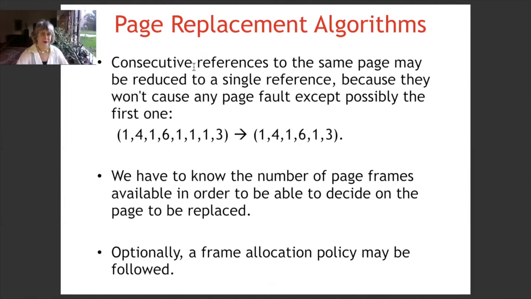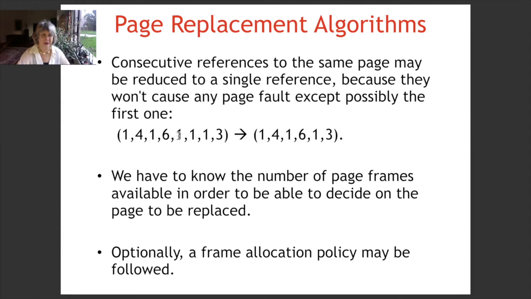Consecutive references to the same page may be reduced to a single reference because they won't cause any page fault, except possibly the first one. So suppose that these pages in the memory are referenced in a program. These are 1, 4, 1, 6, and here 1 is repeated 3 times.